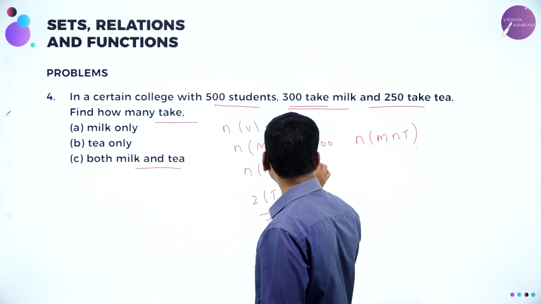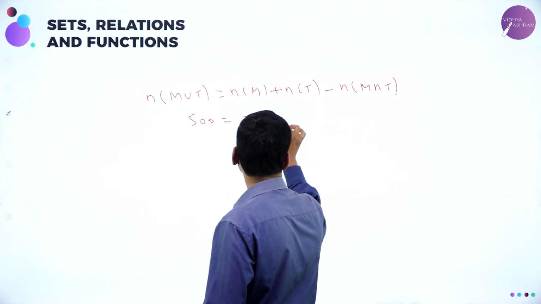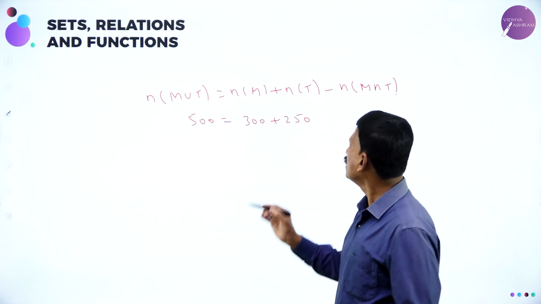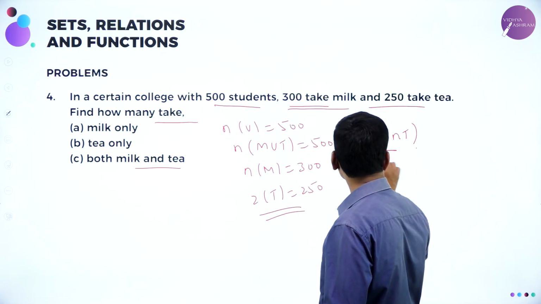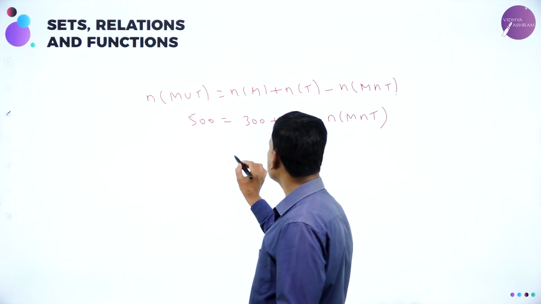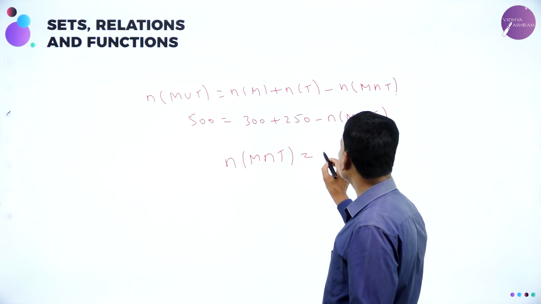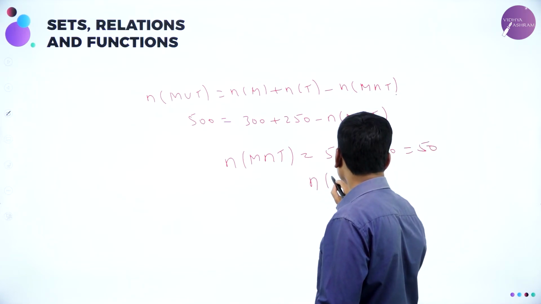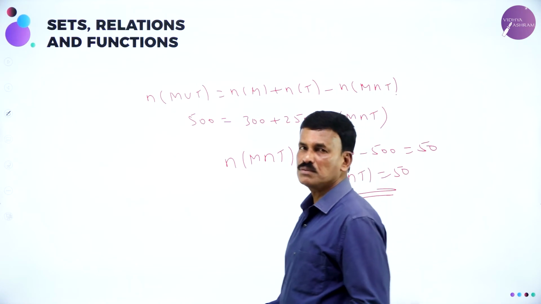M union T is 500, equal to 300 plus 250 minus n of M intersection T. M intersection T is to be determined. So n of M intersection T is equal to 300 plus 250, which is 550, minus 500, that's equal to 50. So 50 students will take both milk and tea.